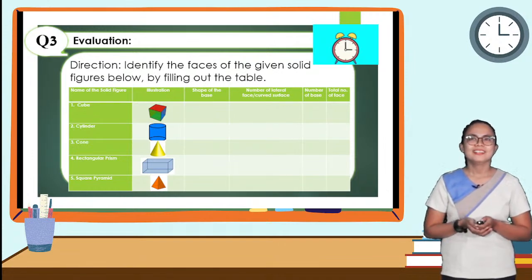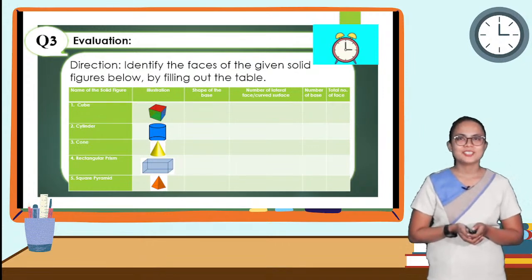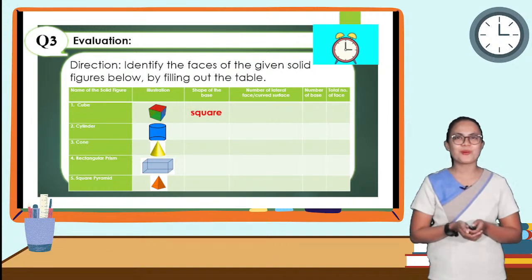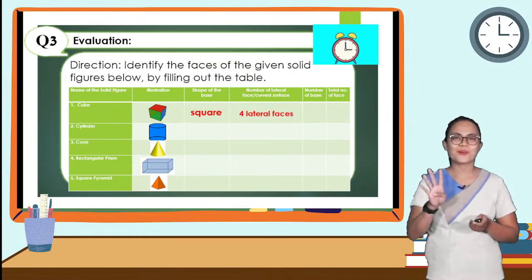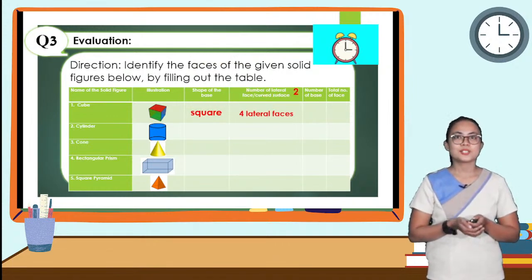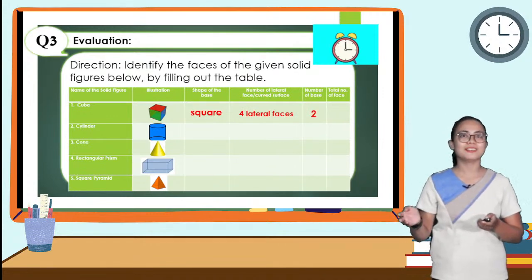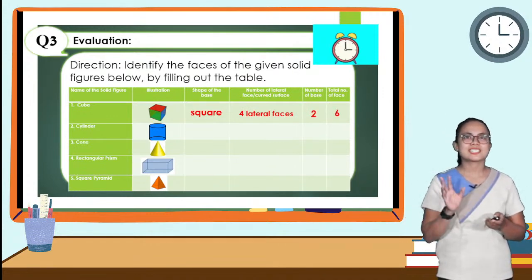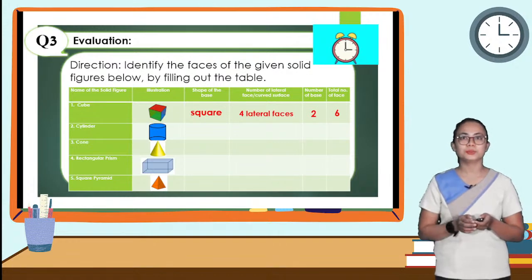Time's up. Let's start for number 1. The shape of the base is, great, we have square and 4 lateral faces, 2 bases, a total of 6 number of faces. How about number 2?